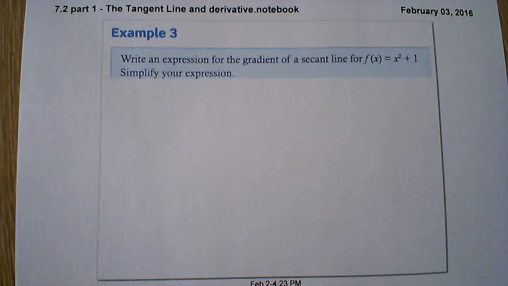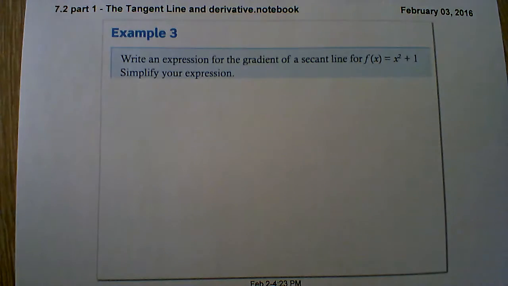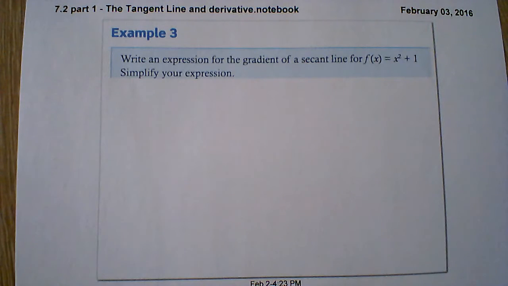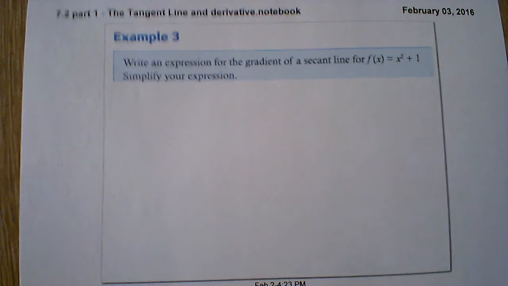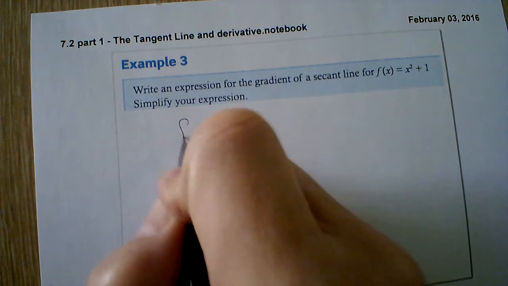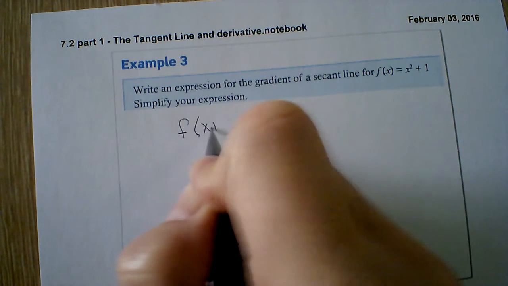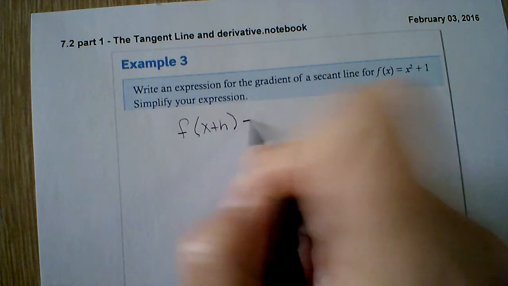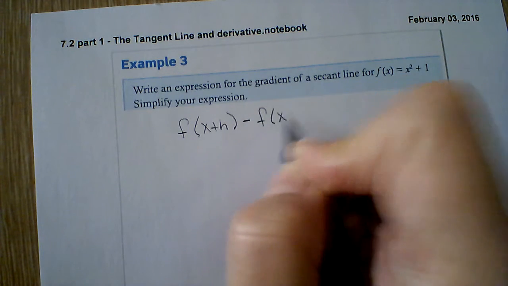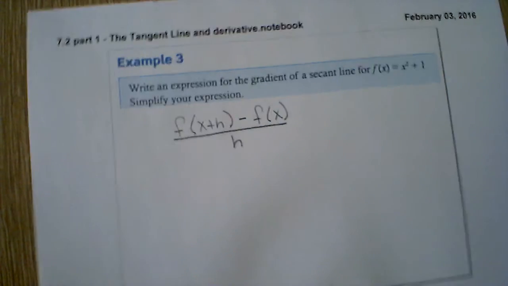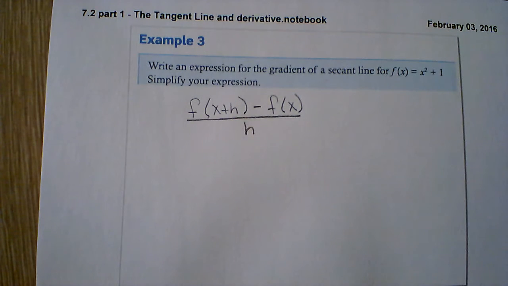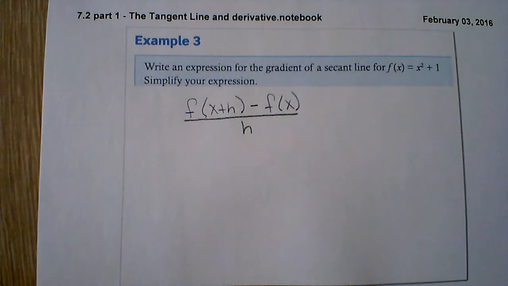A parabola, okay? So if we put a secant line in there, anywhere, we would want to know how to find the slope or the gradient. So let's start with our formula, which was f of x plus h minus f of x, all over h, right? Try to make this as straight as possible for you guys.